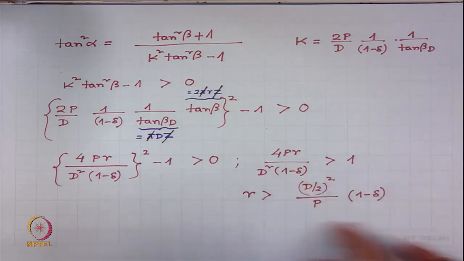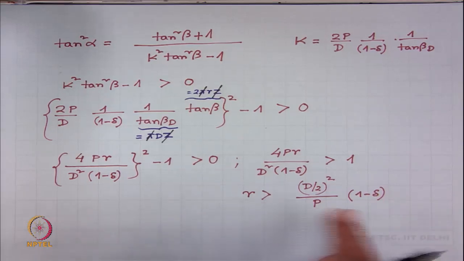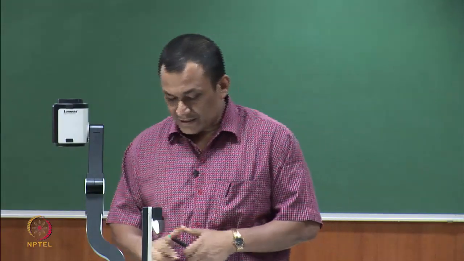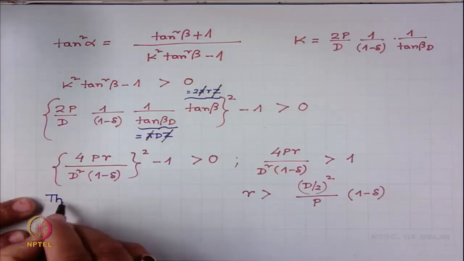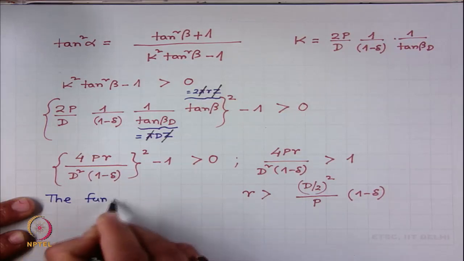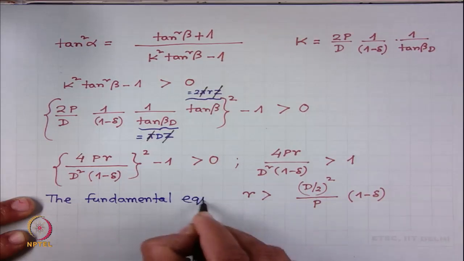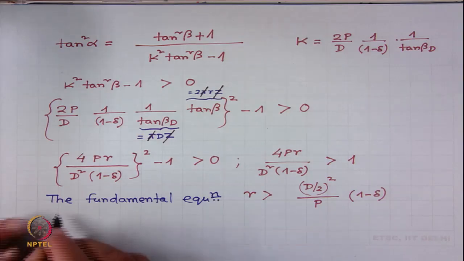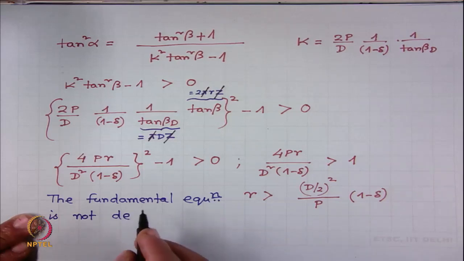So, this expression gives you a very small value, however, it is a value, and r must be greater than this. That means there is a problem. What is the problem? The fundamental equation is not defined for a small value of r.